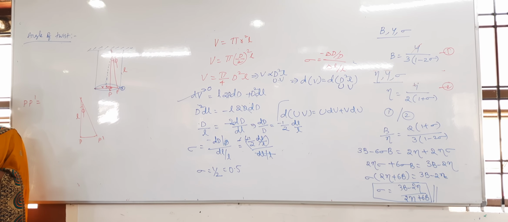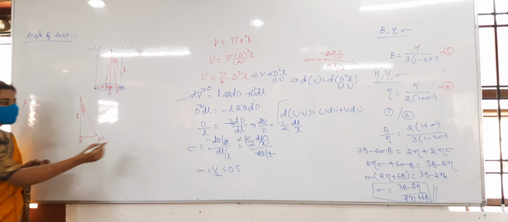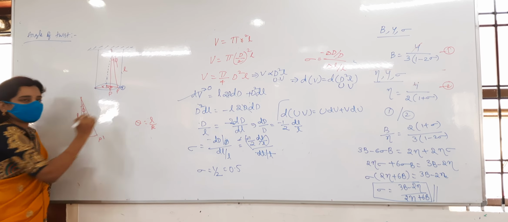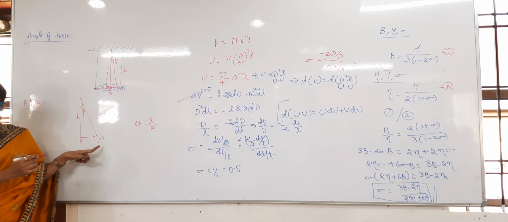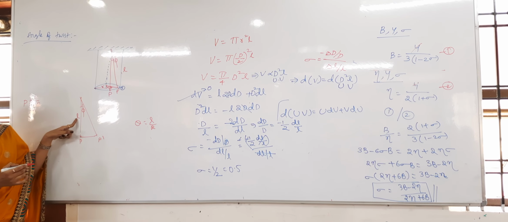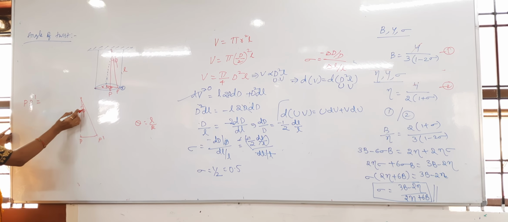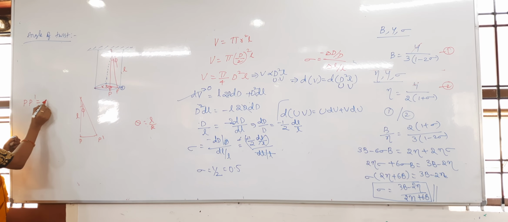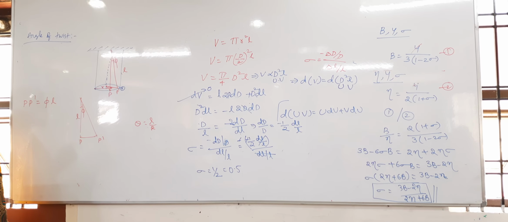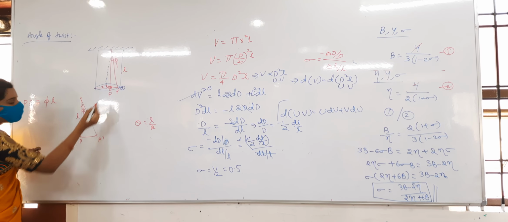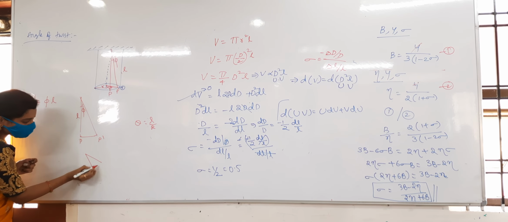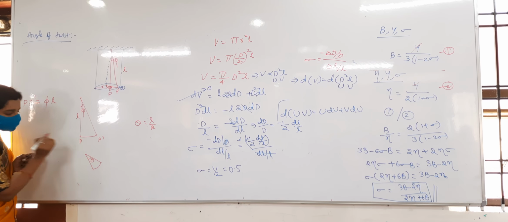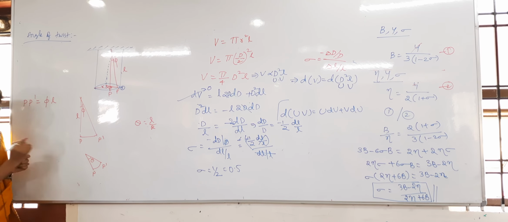Theta is equal to what is the formula? Arc length by radius, right? Theta is equal to arc length by radius. The arc length is P to P dash here, the radius is L, and the angle is phi. So what can I write here? Phi into L. Then the second time, if you see the smaller sector, the angle here is theta, and P to P dash is the arc.